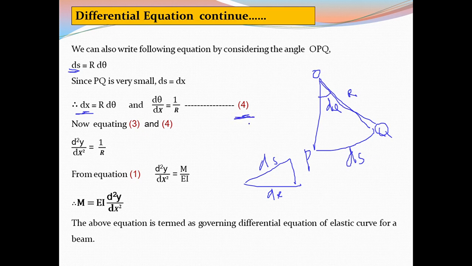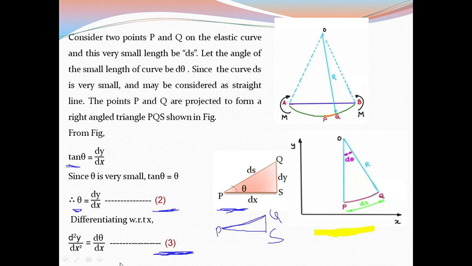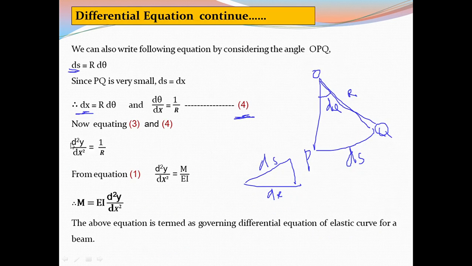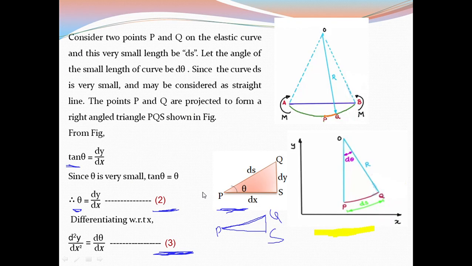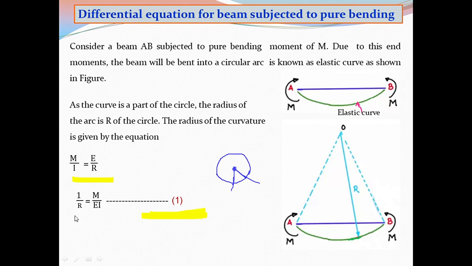Now equating equation 4 to 3, because both are in the form of d theta by dx, we get d squared y by dx squared is equal to 1 by r. And from equation 1, 1 by r is equal to M by EI.